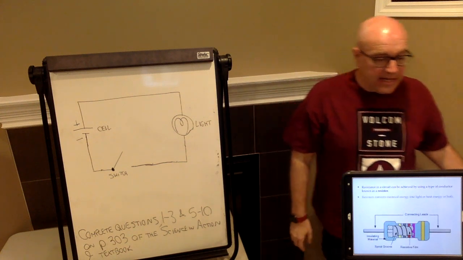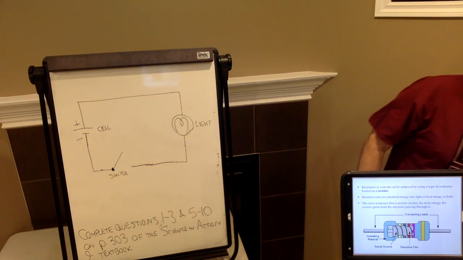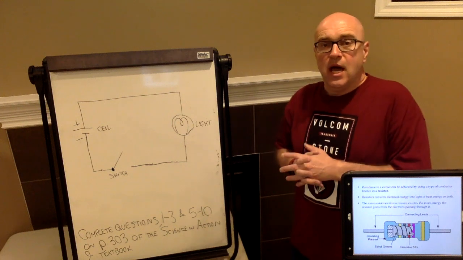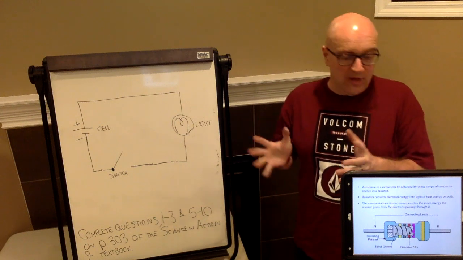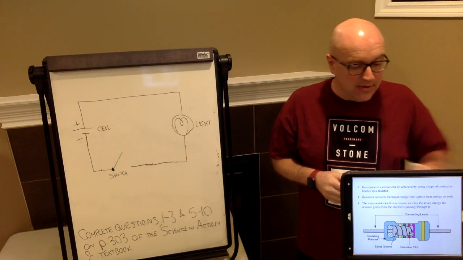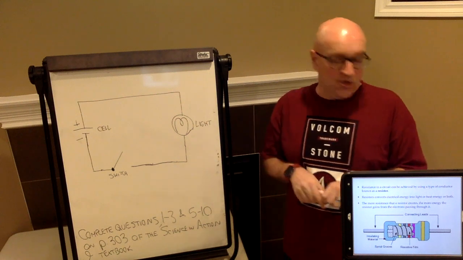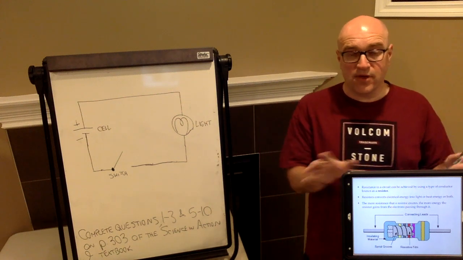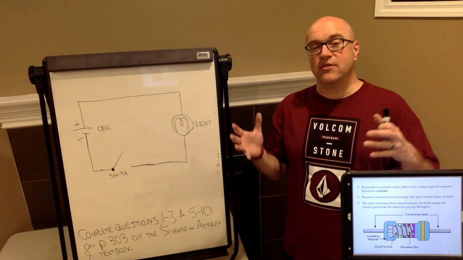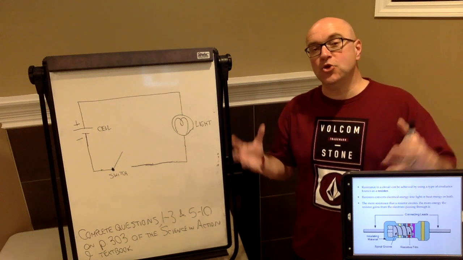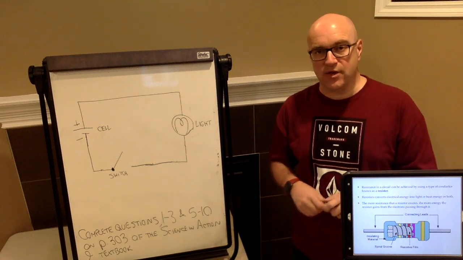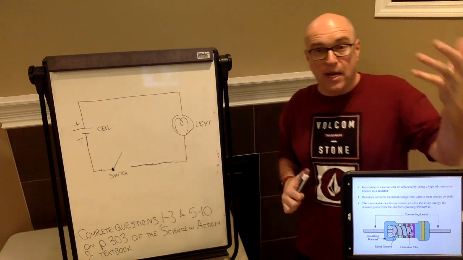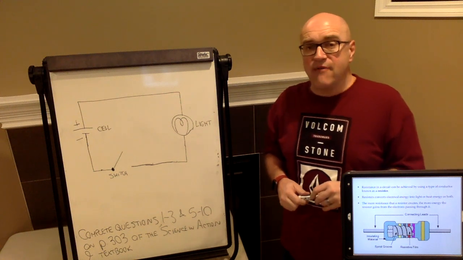Okay, so again, if you put a resistor in a circuit, that is going to resist the flow of electrons, and the more resistance that you put in the resistor, the more energy that's going to be utilized outside of the electricity. So, for example, if I want a brighter light bulb, that light bulb is going to have higher resistance.